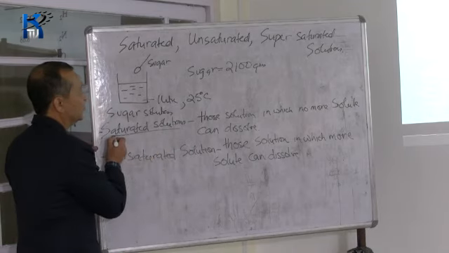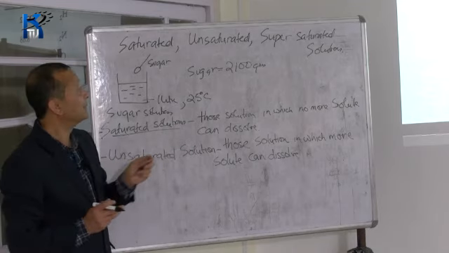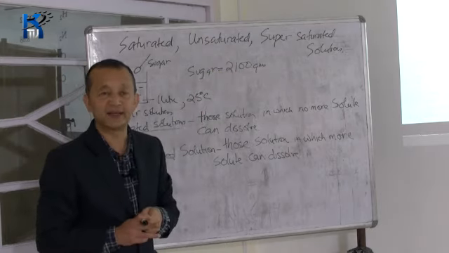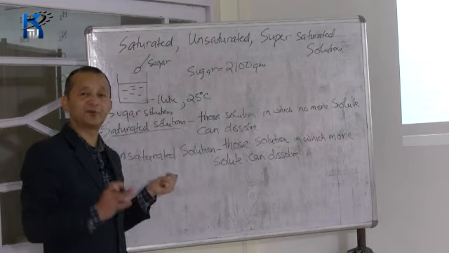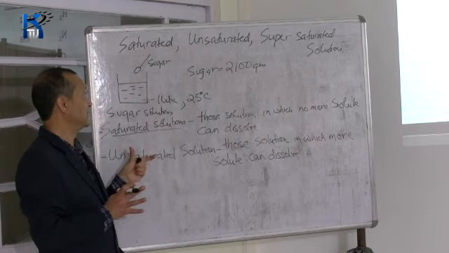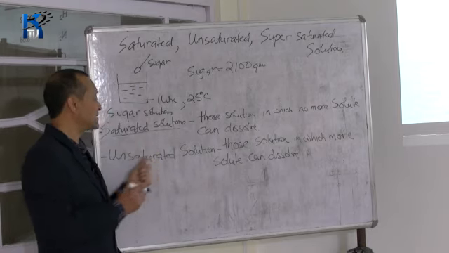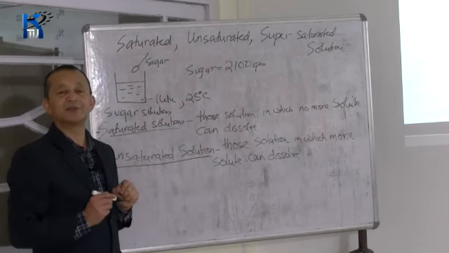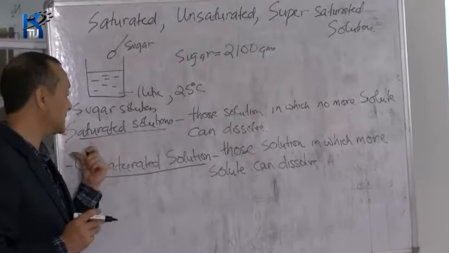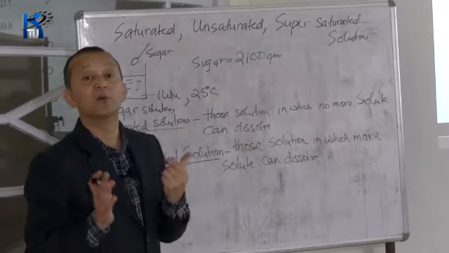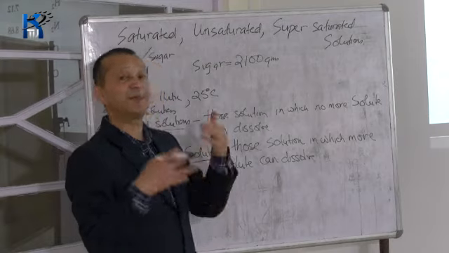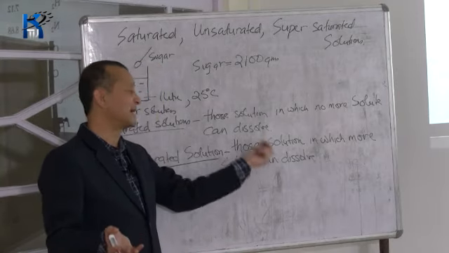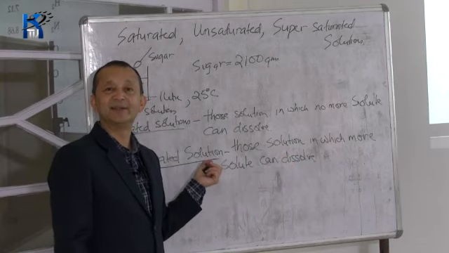Therefore, when you dissolve 2100 grams in 1 liter of water, what we get is a saturated solution of sugar in water. But before that, supposing you have added just 1 kg of sugar in water, such solution is known as unsaturated solution. That means it is a solution in which more solute can be added and then dissolved.